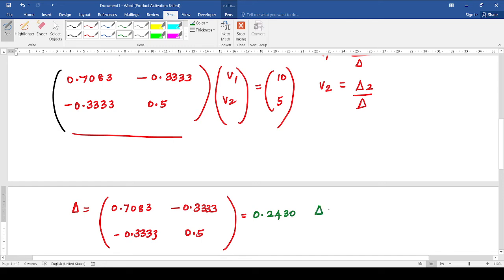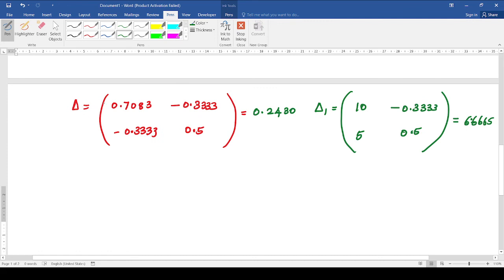In a similar manner, I am going to find out delta 1. How to find out delta 1? The first column is removed. Instead of the first column elements, place 10 and 5. The remaining elements have no change, 0.5. That is equal to what? Directly it is obtained using the calculator, that is 6.6665. So this is delta 1.